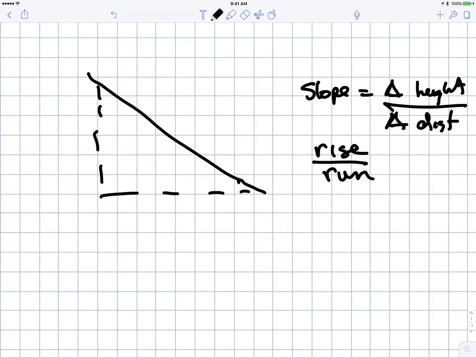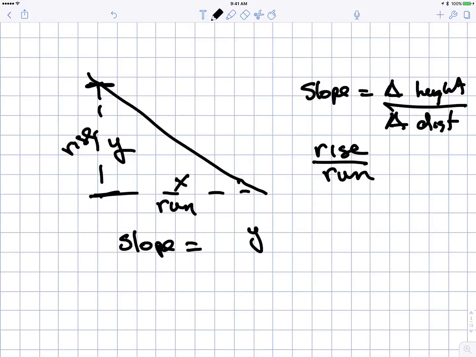In this case, if this is our situation, this is the rise, this is the run, and so we would look at the change in this height. Let me call that y, and we'll call the distance x. So the slope will equal y over x.